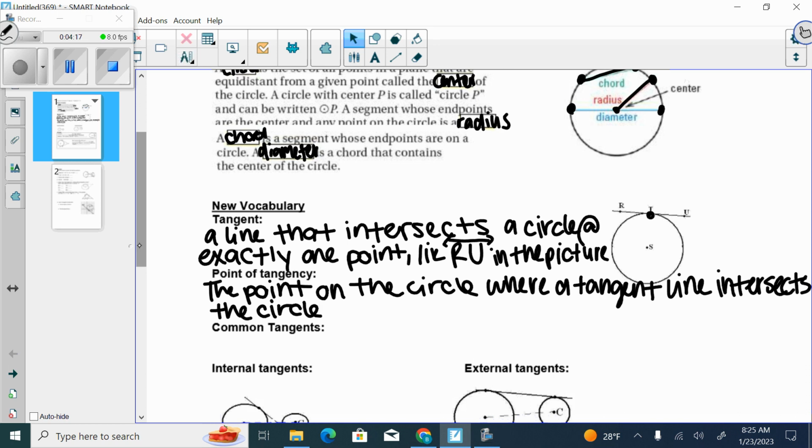So in the picture here, what is our point of tangency? Point T. Good. Like point T in the picture. Good.